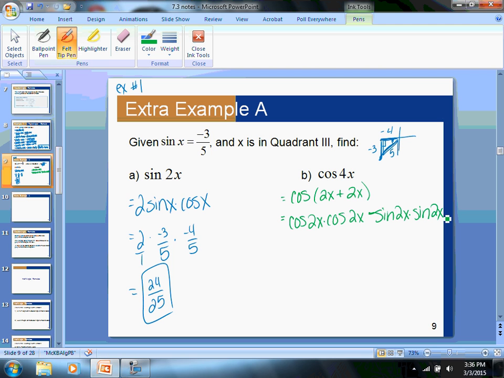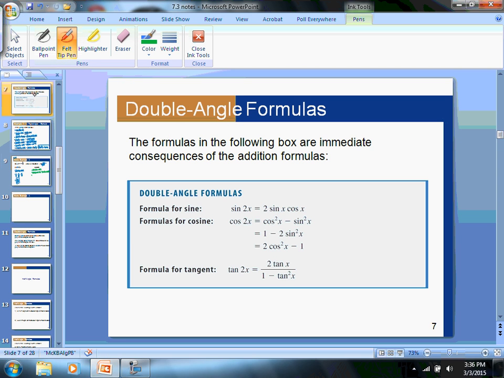Okay. Now I'm going to do a little more simplification. I've got 2 of my cosine 2x's, and I know what cosine 2x is. If I look back here, cosine 2x, I've got some different options.